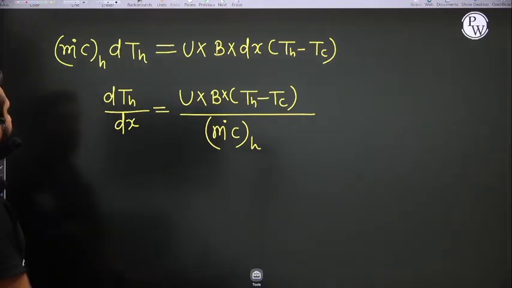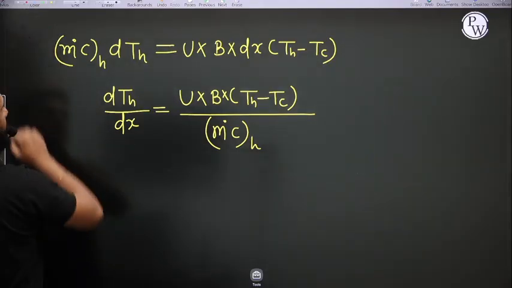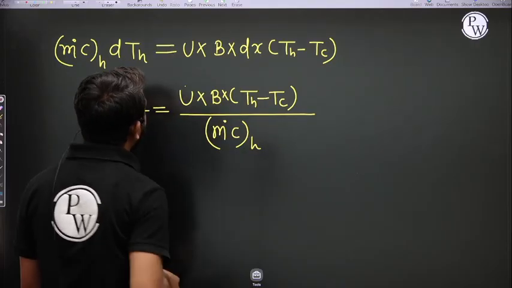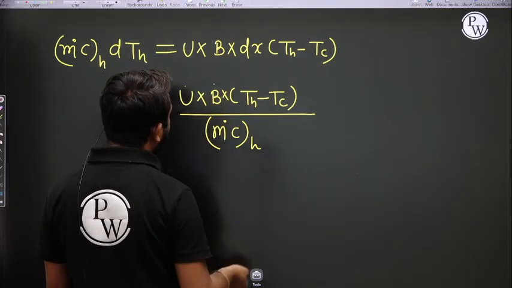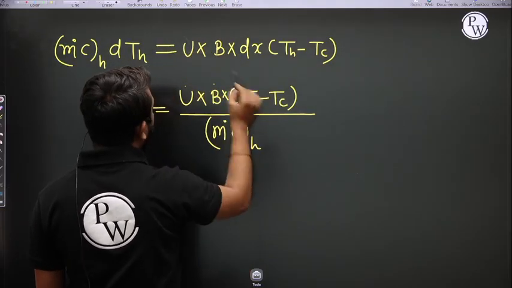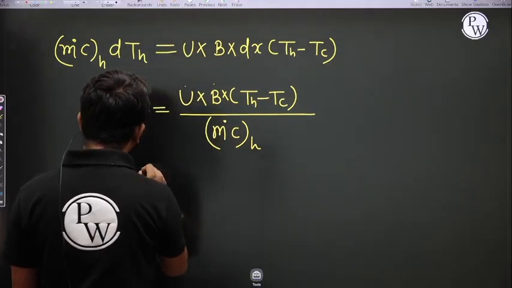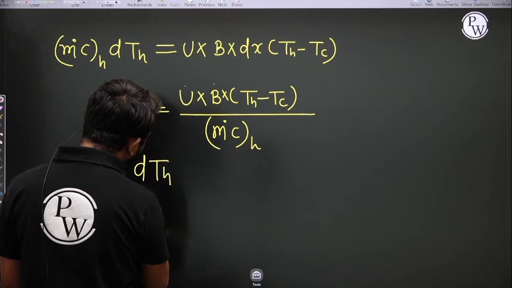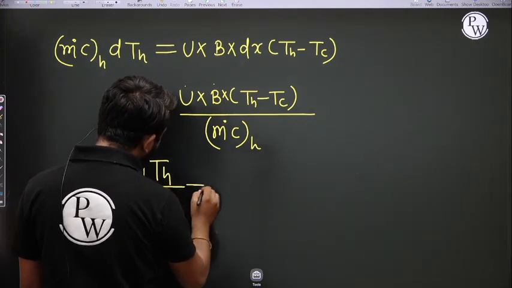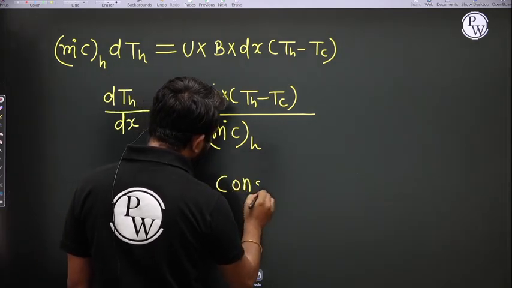Now see here, this term is constant, not a function of x. This term is also constant, not a function of x. That means I can say dTh by dx is not a function of x, that is constant.